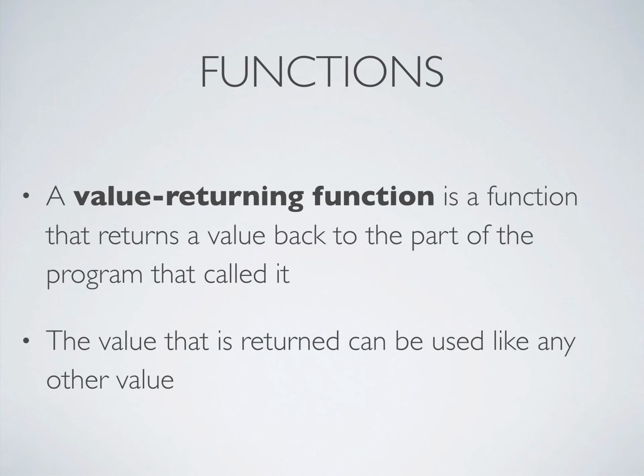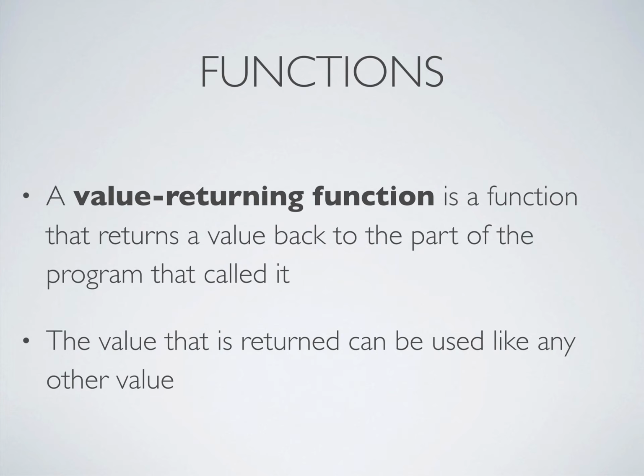And then the function call is what actually says, hey Python, you know that function I defined earlier? Go ahead and call it for me. So if at any point in your code you make a function call to a value returning function, that function call is essentially a value, and that value is whatever the function returns.